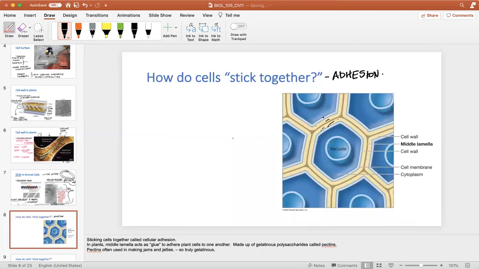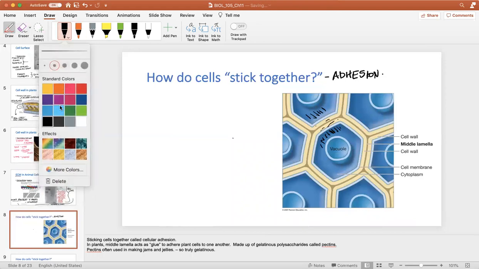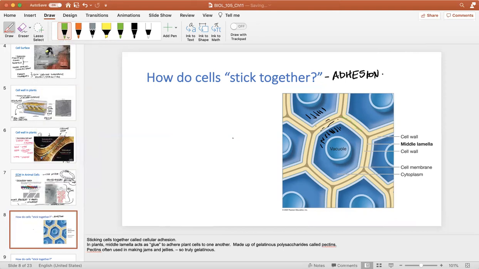Our cell membranes are being represented in the light blue, and then all of this in here is the interior of the cell, right? And I mentioned this before, but this feature that's running in between, I think I did it in blue before, but now I'll do it in green just to make sure. This feature here that's in between, this is like glue, okay? This is called the middle lamella.